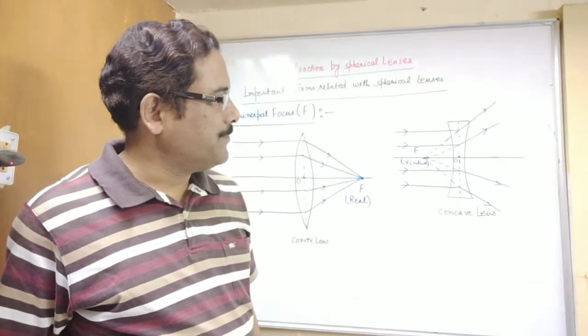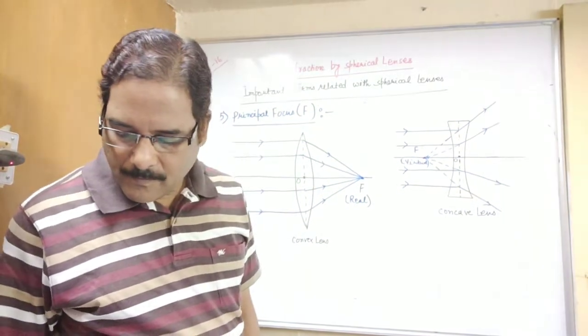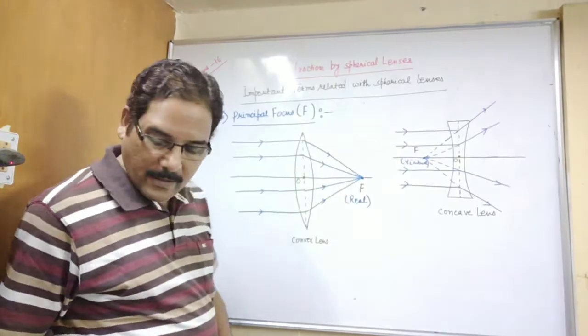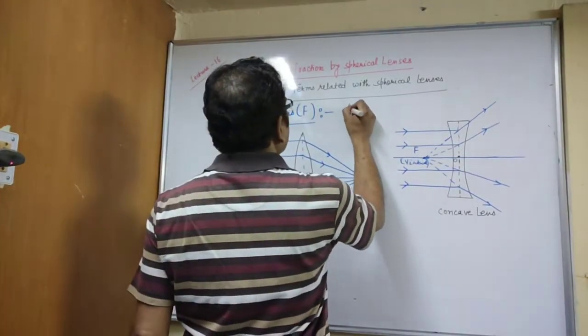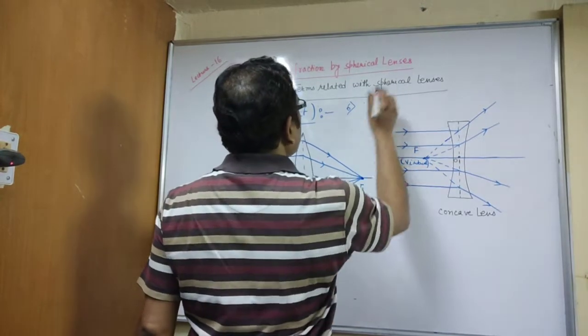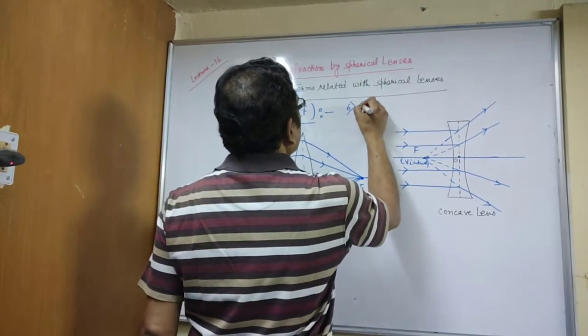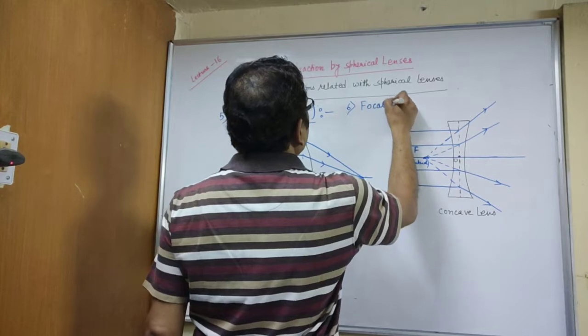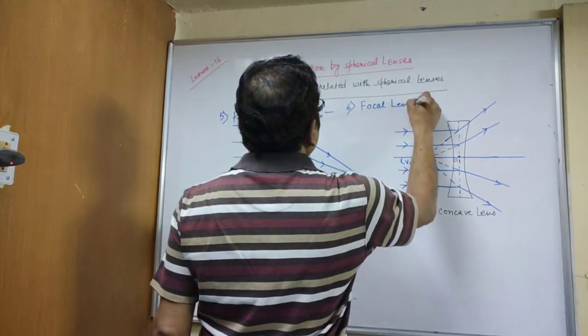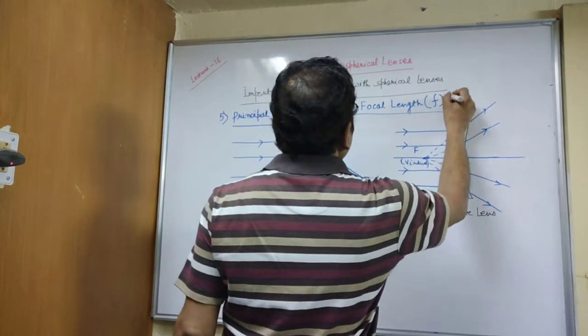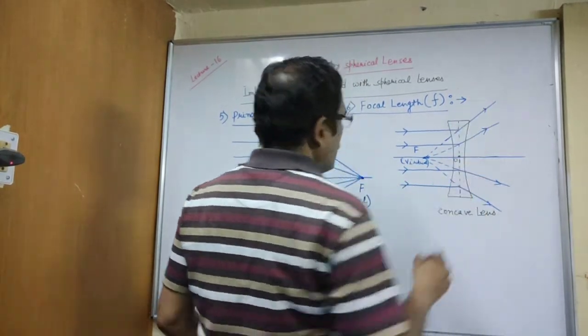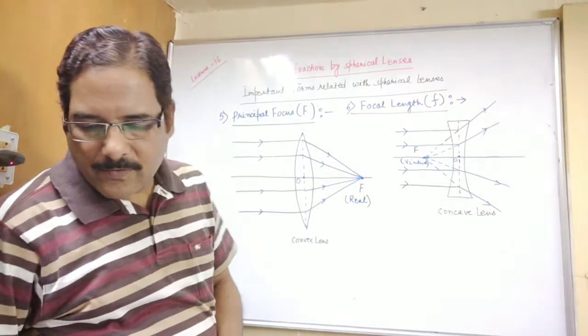Now the last term, that is the sixth term, is focal length. The symbol is small f, focal length.